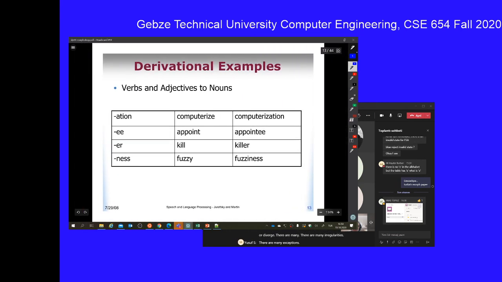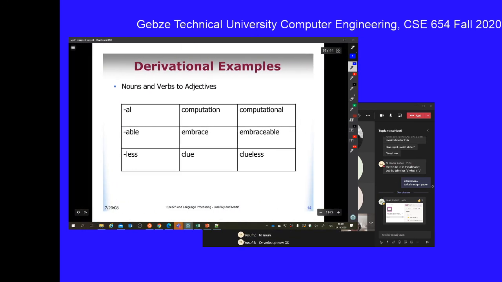Okay, so these are verbs and adjectives to noun. From verbs to nouns, or from adjectives to nouns: fuzzy, fuzziness, good, goodness, bad, badness, right? NESS is an affix to convert from an adjective to a noun or verb to a noun. Okay, nouns and verbs to adjectives. Computation is a noun, computational is an adjective.